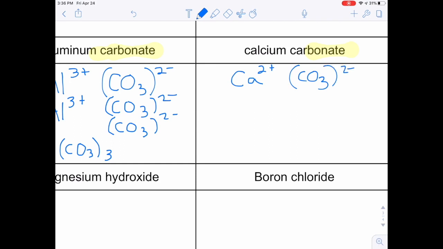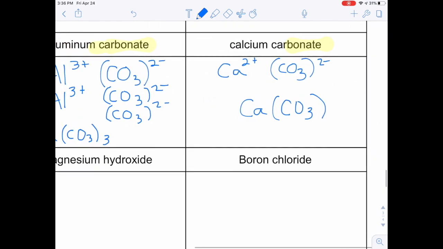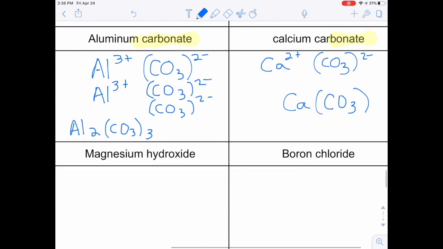Do they add up to 0? Yes. So now I know it's just one of each. It's a 1-to-1 ratio. So inside of the parenthesis, it still says CO3 because that's the team, but we don't need a 1 outside the parenthesis. A 1 is assumed if we don't see any subscript. So that's the formula.